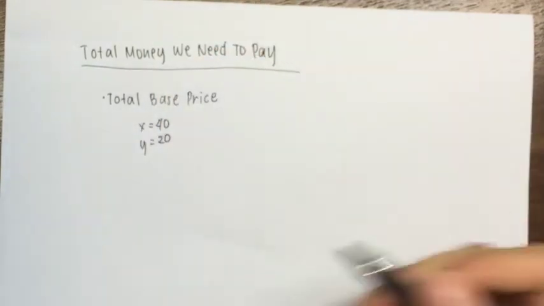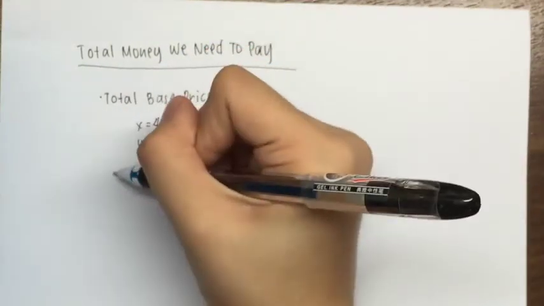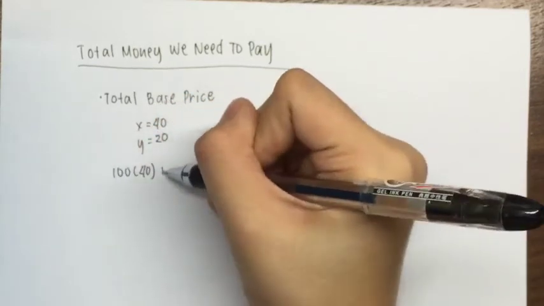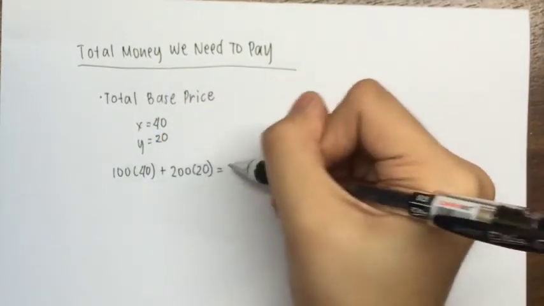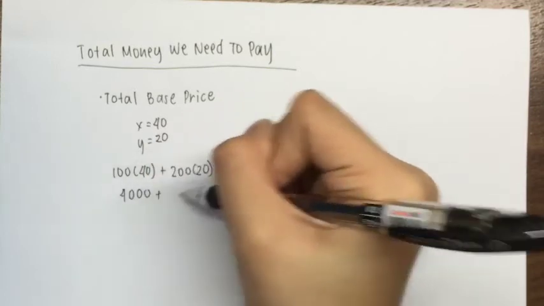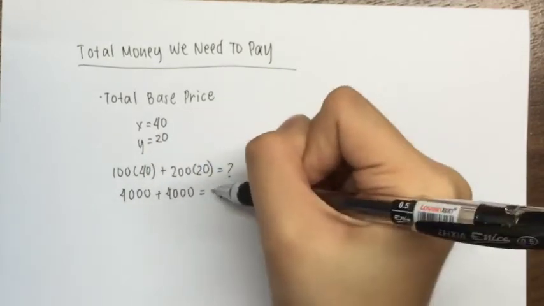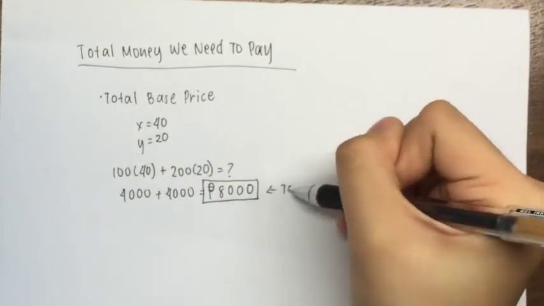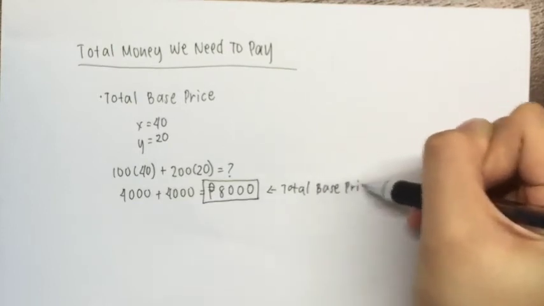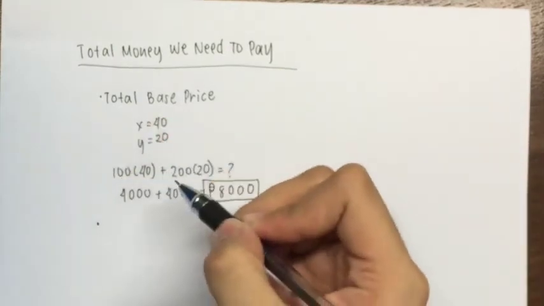To get the total base price, we should multiply our original base prices by our x and y values. So that's 100 times 40 and 200 times 20, which gives us 8,000 pesos as a total base price.